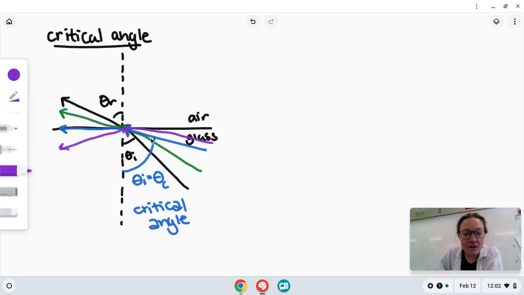The critical angle is the difference between a light ray refracting out of the material and into the new material, or a light ray reflecting back into the old material. If it reflects back into the old material, then it's going to follow the law of reflection, and your angle of incidence here is going to equal your angle of reflection here.